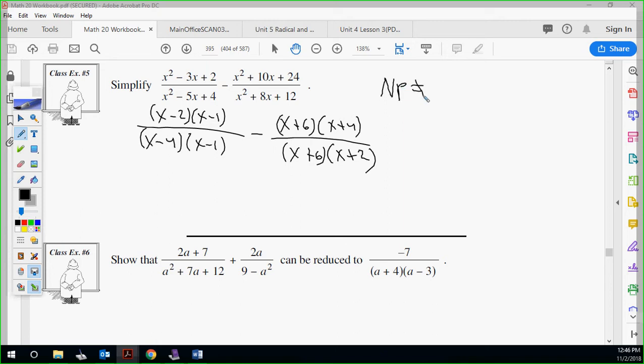So my non-permissibles are 4, 1, negative 6, negative 2. And now we're ready to cancel. Cancel, cancel. So I have x minus 2 over x minus 4 minus x plus 4 over x plus 2.